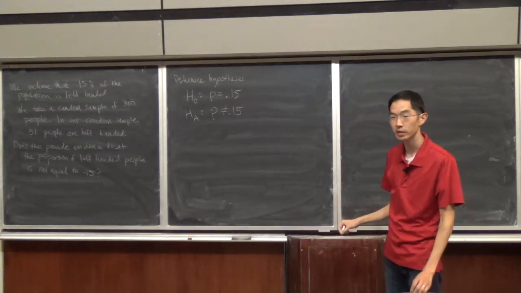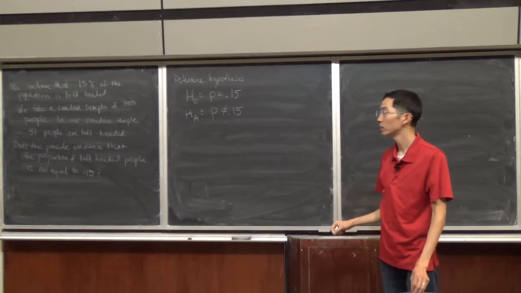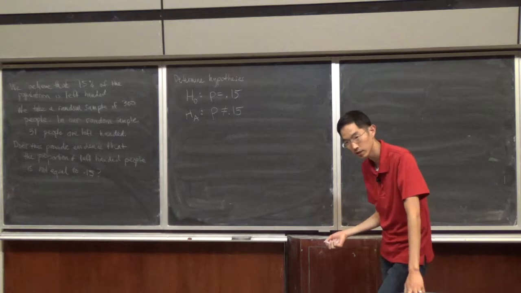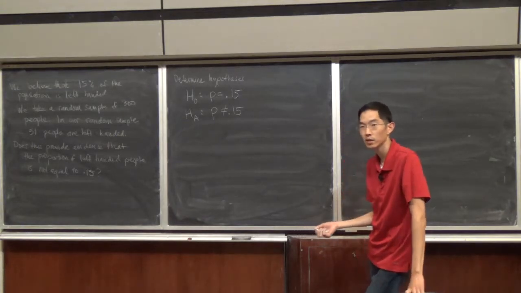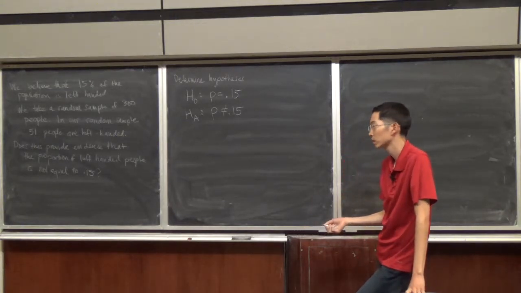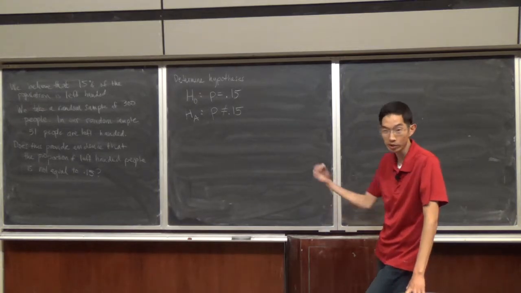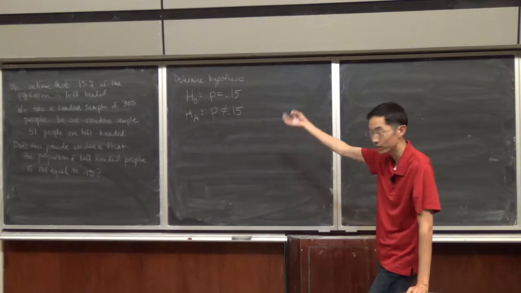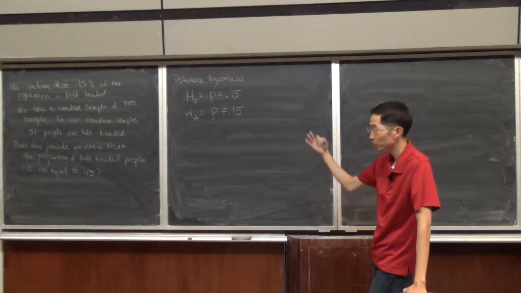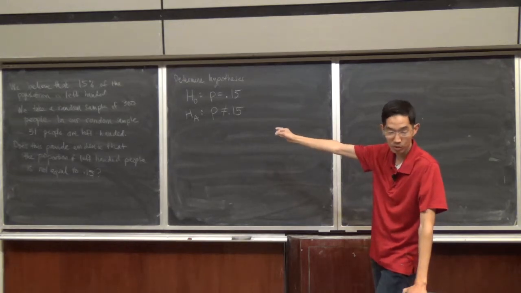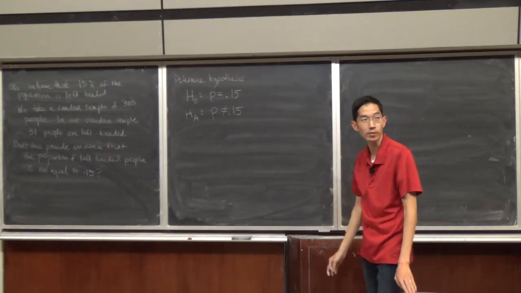So these are my hypotheses, P being the proportion of people who are left-handed. Will it ever say like the proportion of left-handed people is greater than 0.15? Yes, the question could be written that way, and we would have a different alternative hypothesis. But with the way the question is written here, our alternative hypothesis is that P is not equal to 0.15.